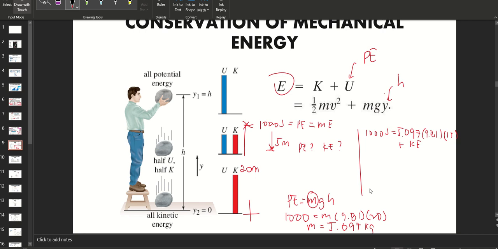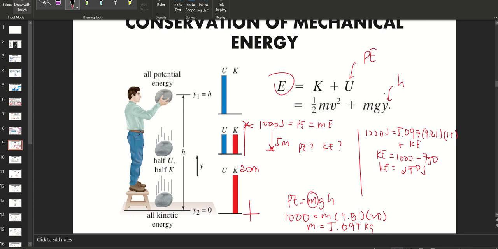So KE is equivalent to 1000 minus 5.097 times 9.81 times 15. So that's 750. So the KE or kinetic energy here is 1000 minus 750, so it's gonna be 250 joules.